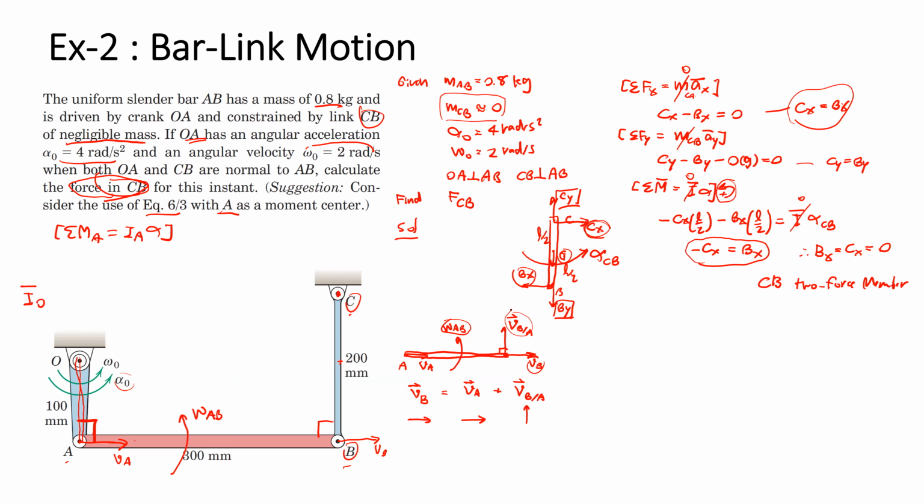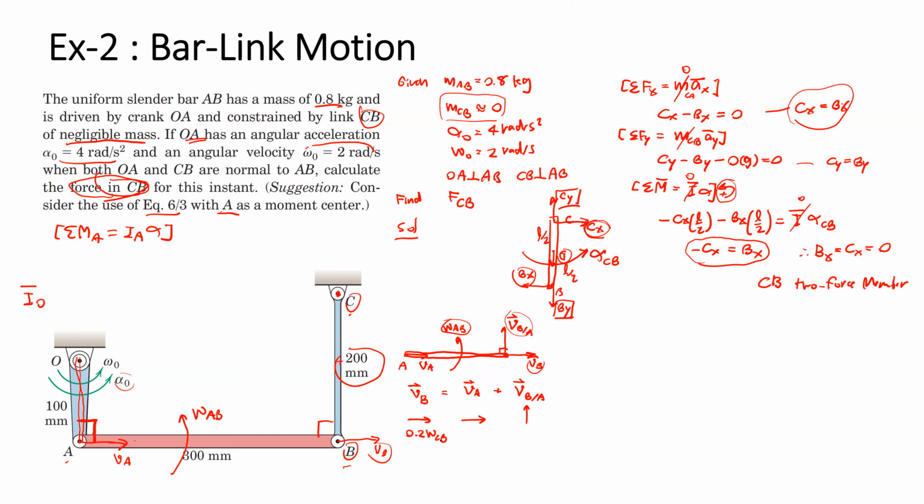And the magnitude of VB is 0.2 multiplied by the omega of CB.